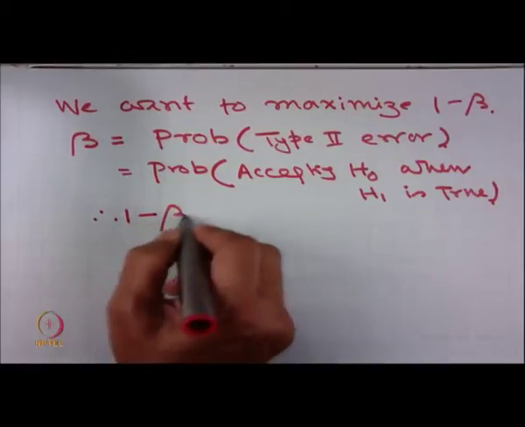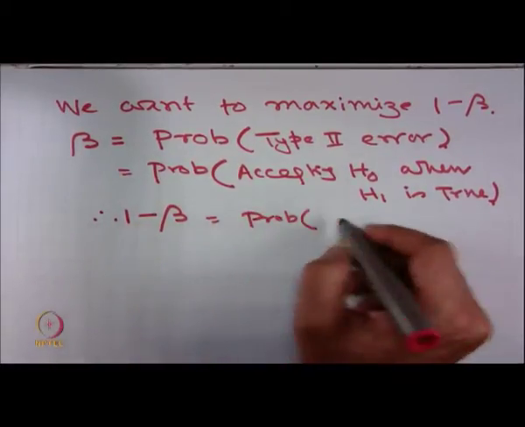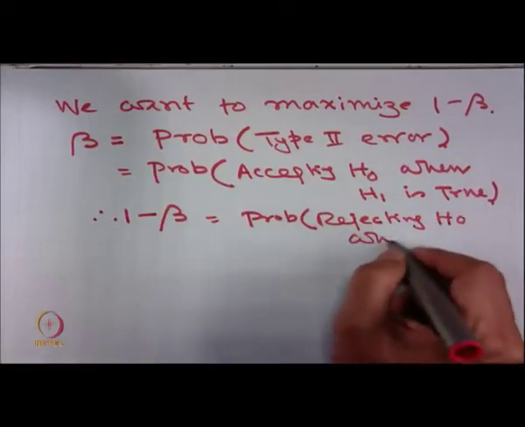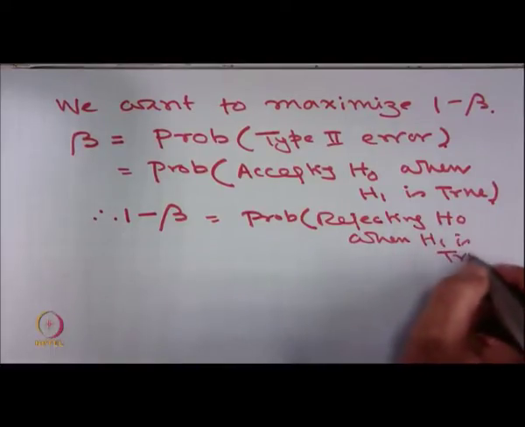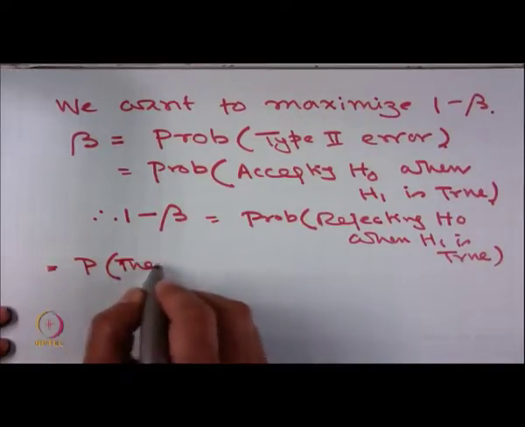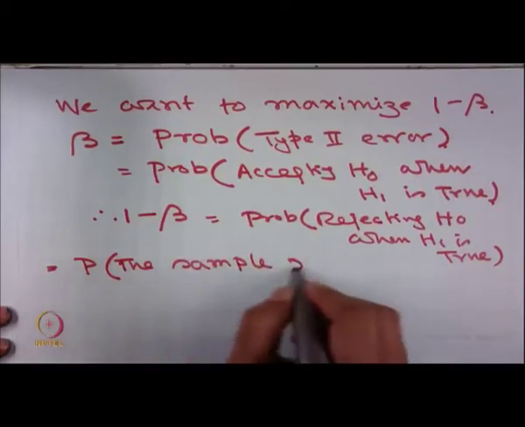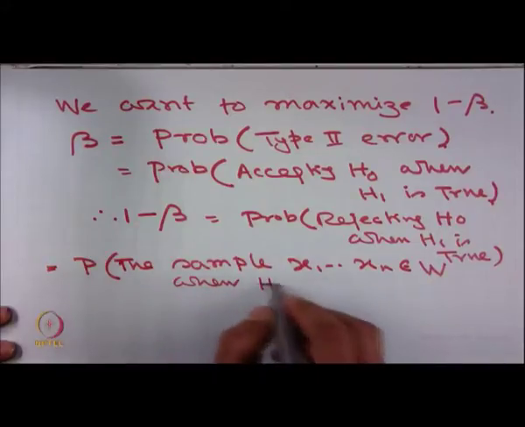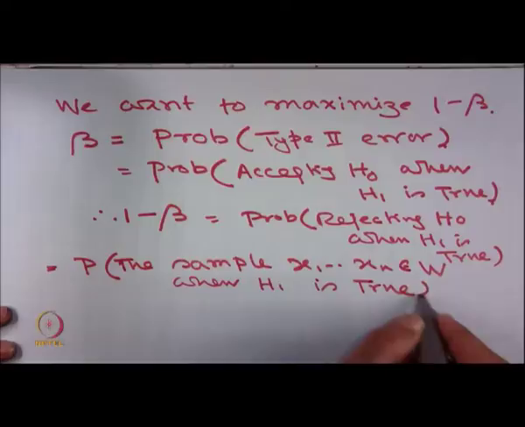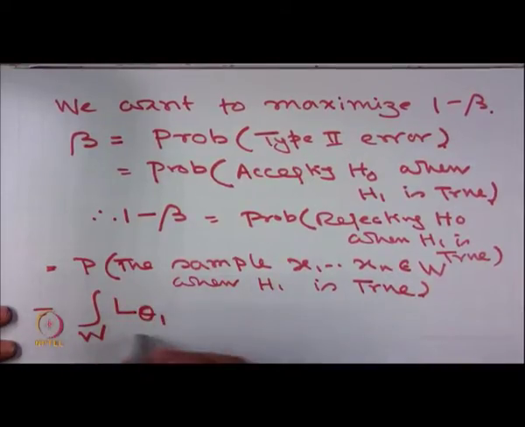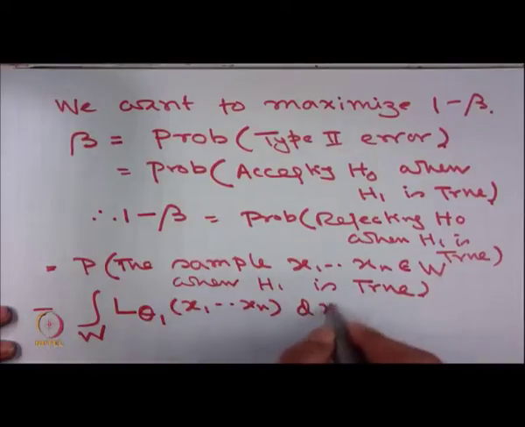Therefore, 1 minus beta is equal to the probability of rejecting H naught when H 1 is true, which is equal to the probability that the sample x 1 x 2 x n belongs to the critical region when H 1 is true, and therefore, this is equal to integration over W of L theta 1, because H 1 is true, the parameter is theta 1, of x 1 x 2 x n dx.